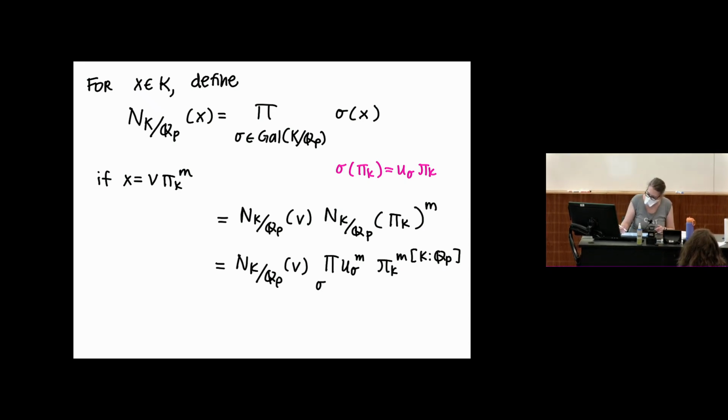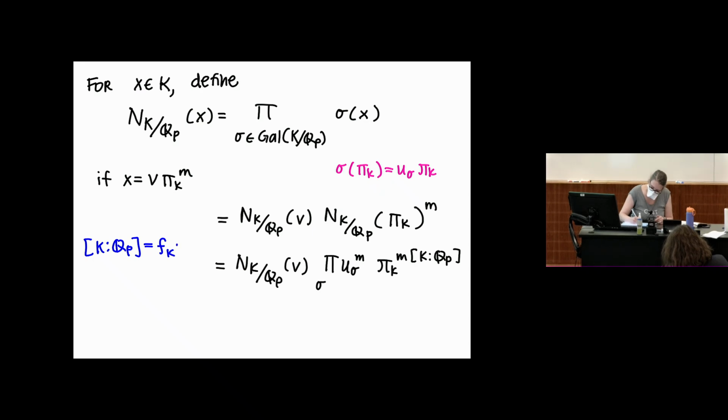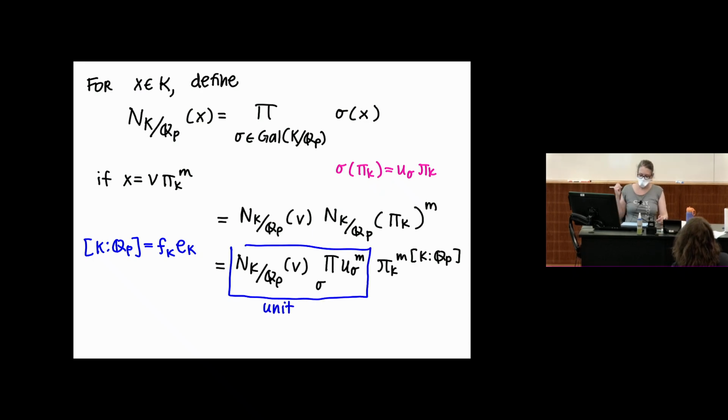And now I'm going to use that [K:Qp] is f_K times e_K, and that all of this is a unit, to say something about the valuation of this norm.